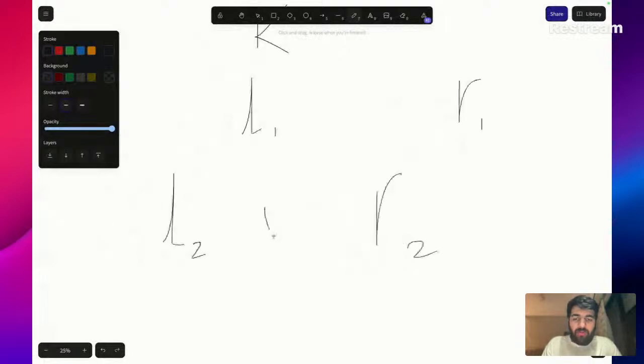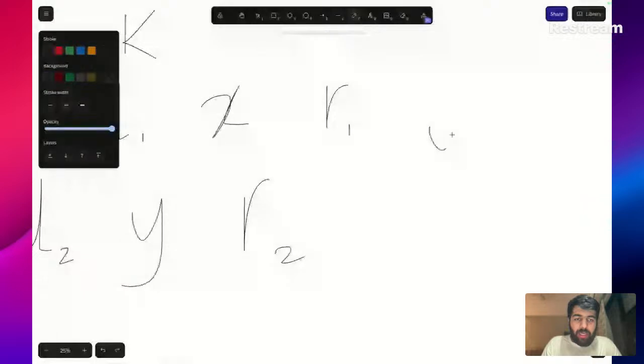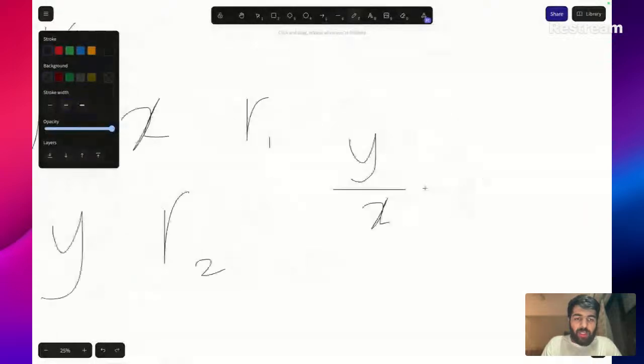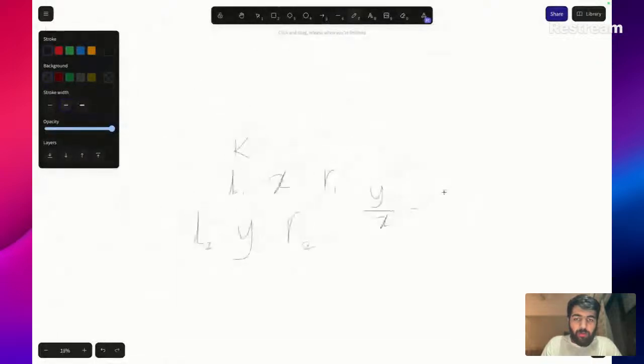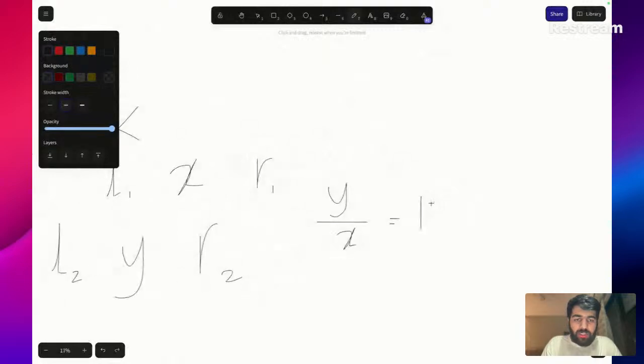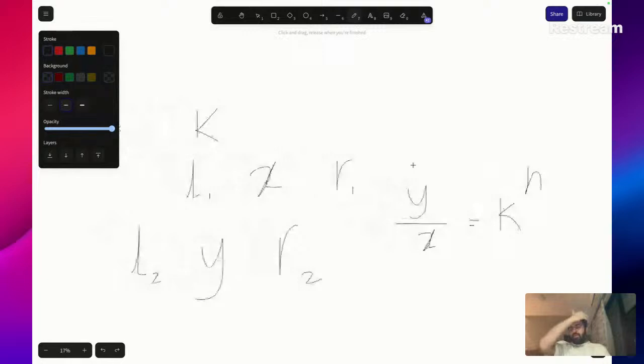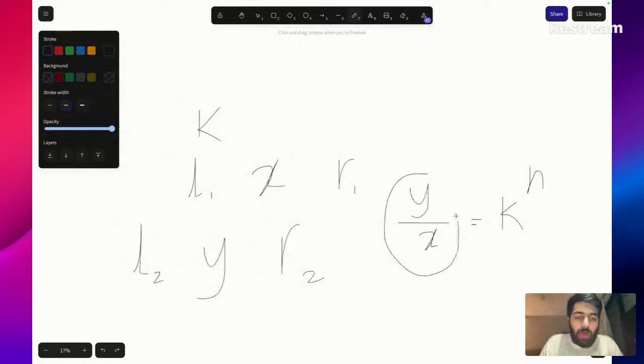Now I have a number y here, and I have to select a number x here, and y upon x has to be equal to k raised to some n. N is a non-negative integer, so 0 is also fine. I need to count how many (y, x) pairs satisfy my condition.